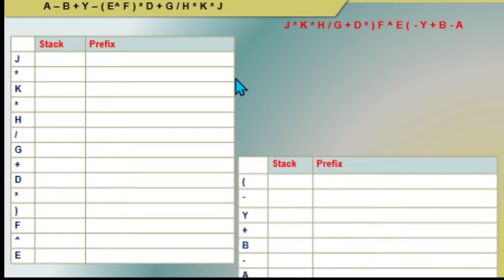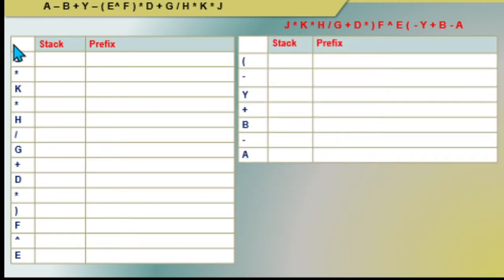After reversing the given infix expression, you are going to scan the reversed infix expression from left to right. So meaning, you're going to scan starting from operand J up to operand A. So left to right. By scanning, you write it down here.